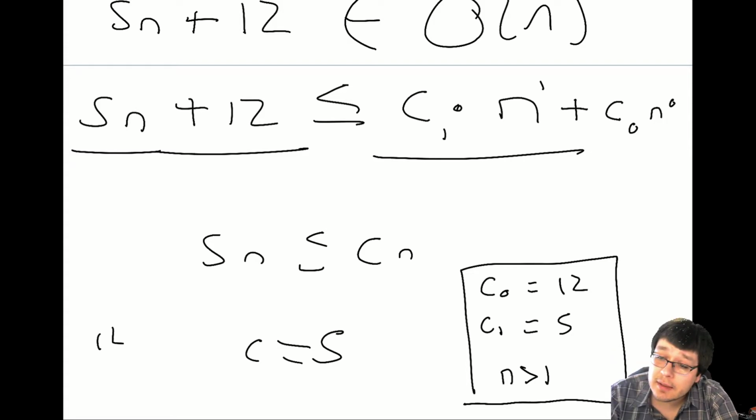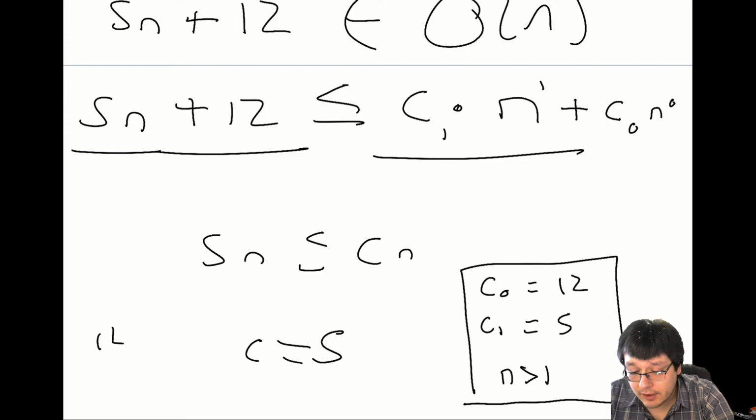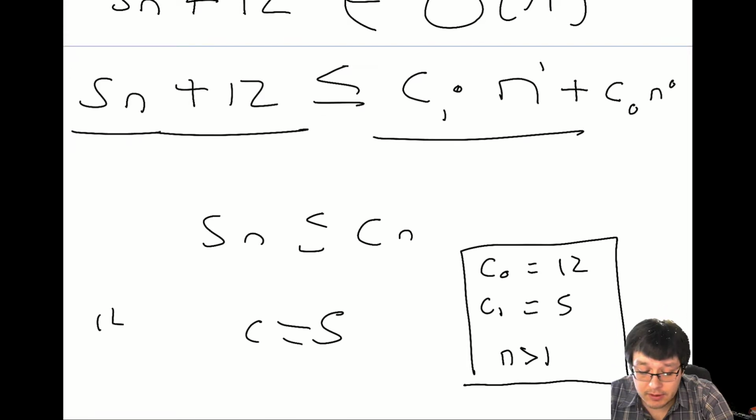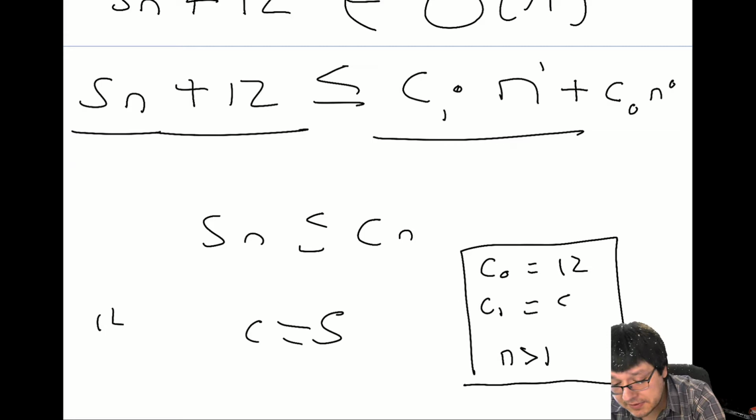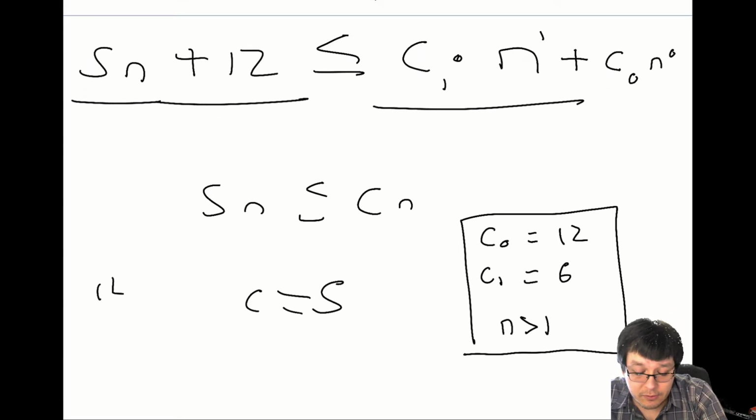We can do that. Or if we just want to get rid entirely of the c0, then we can make it 6n. So we can make it 6 here. For the first one, let's say we make n greater than like 3.